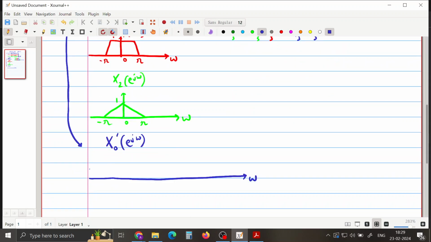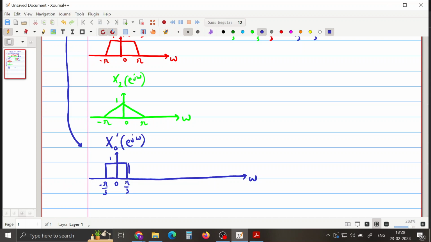As we mentioned, it now gets compressed like this from minus pi by 3 to plus pi by 3, and the height is unchanged, it is 1, and we will have extra copies, so extra 2 copies.